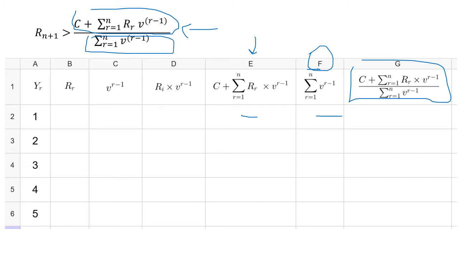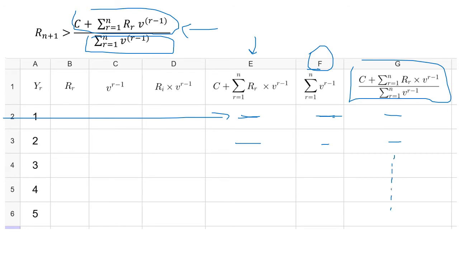Hence the term in G will be the term in E of the respective row divided by the term in column F in the same row. So this term will be this numerator divided by that denominator. That's how we'll go on.